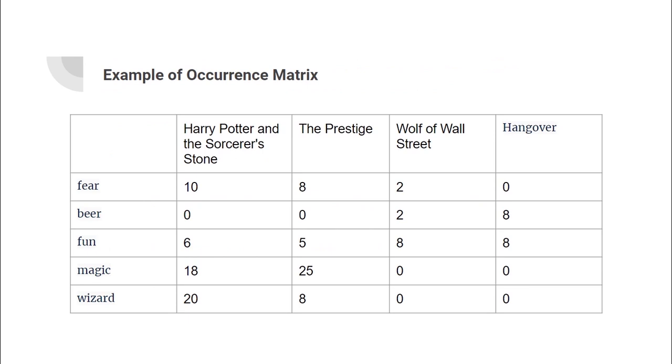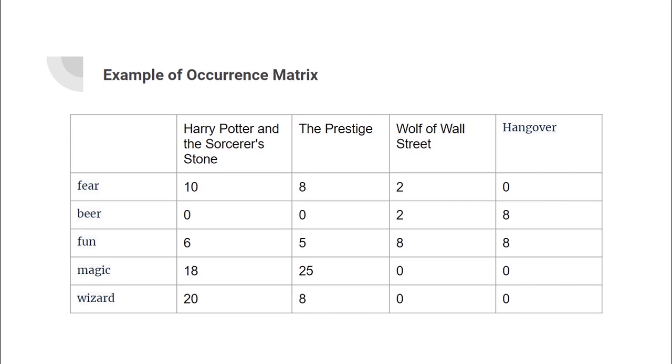So I'm going to take movie reviews written on 4 different movies: Harry Potter and the Sorcerer's Stone, then The Prestige, Wolf of Wall Street, then Hangover. All these are the 4 different movies, and each movie will contain certain reviews.